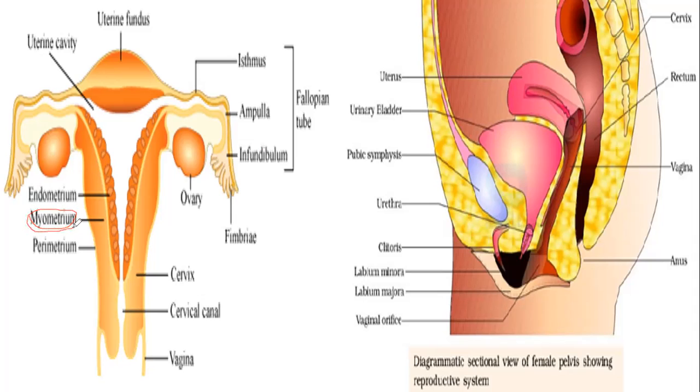Then the inner one is glandular; there are many glands, which are secretory, made up of glandular tissues. This is called the endometrium. Together, the perimetrium, myometrium, and endometrium form the wall of the uterus.